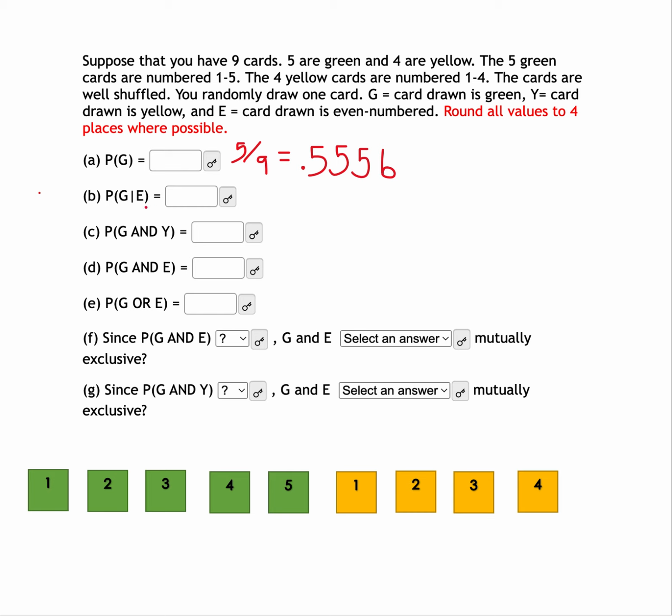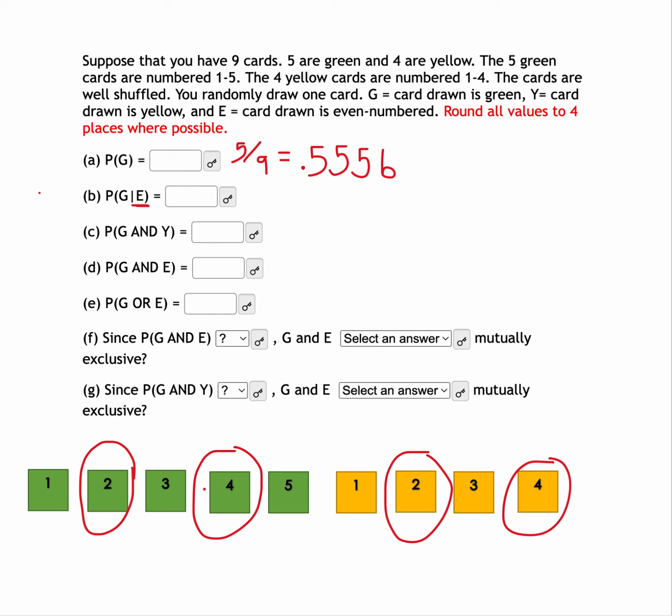Now, part B says, find the probability of choosing a green card given that the card is even. So that means we're only looking at the even cards. What is the probability of picking a green card out of the even cards? That's what this is saying. So here's an even card. Here's an even card. Here's an even. Here's an even.